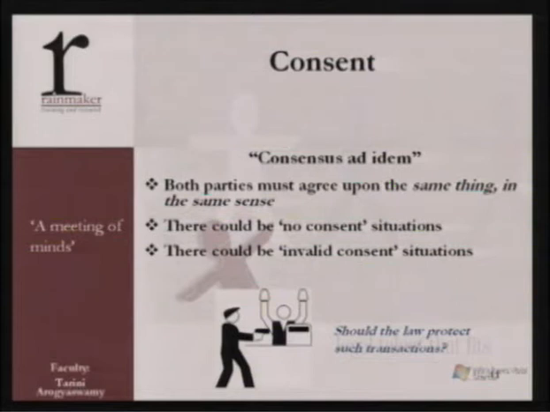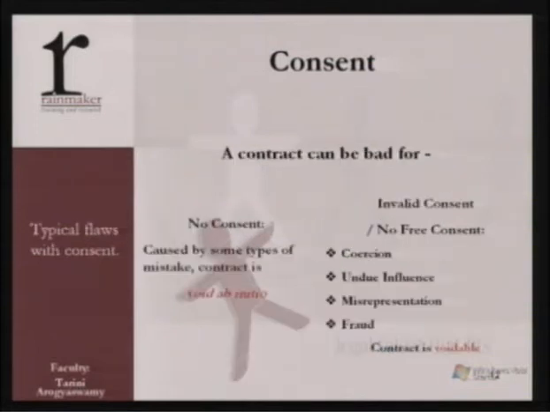There could be invalid consent situations. No consent happens in some types of mistake, in which case, as I mentioned, the contract is void. Invalid consent means that the parties may have consented, but they have not consented freely. Free consent indicates the absence of legally vitiating factors that force that party to consent.